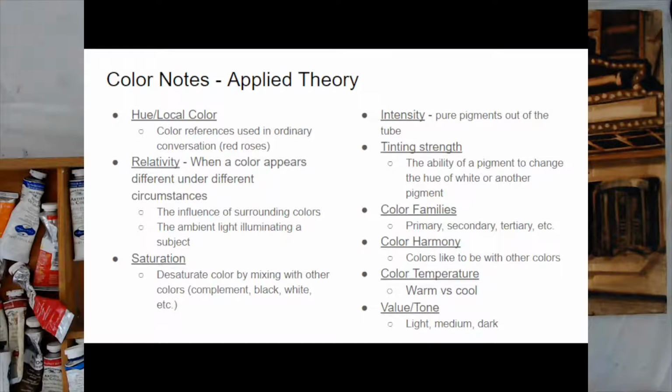Reds are an example of a color that has really high tinting strength. Your quinacridone colors have really high tinting strength. You only need a little bit of those, whereas you might need a lot more yellow ochre in order to tint a white. With your phthalo blue, you need just a tiny bit of that to create a tint, just a teeny tiny bit.